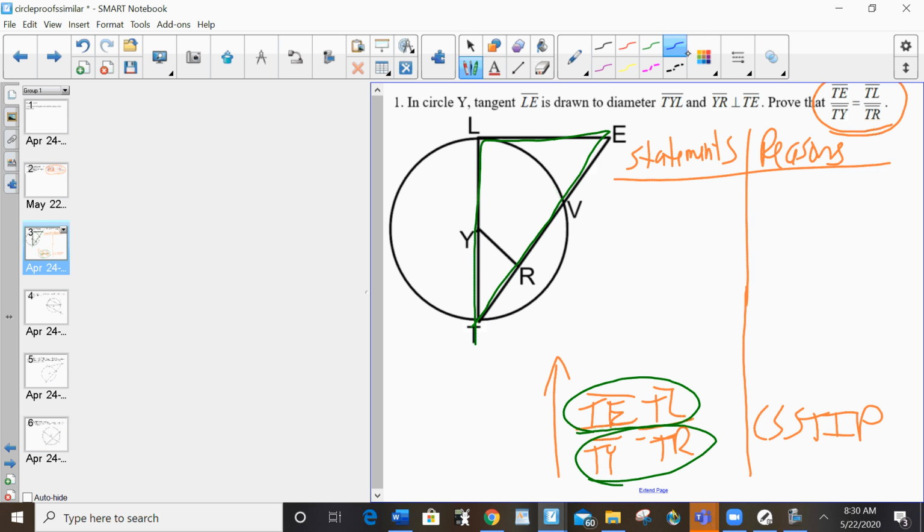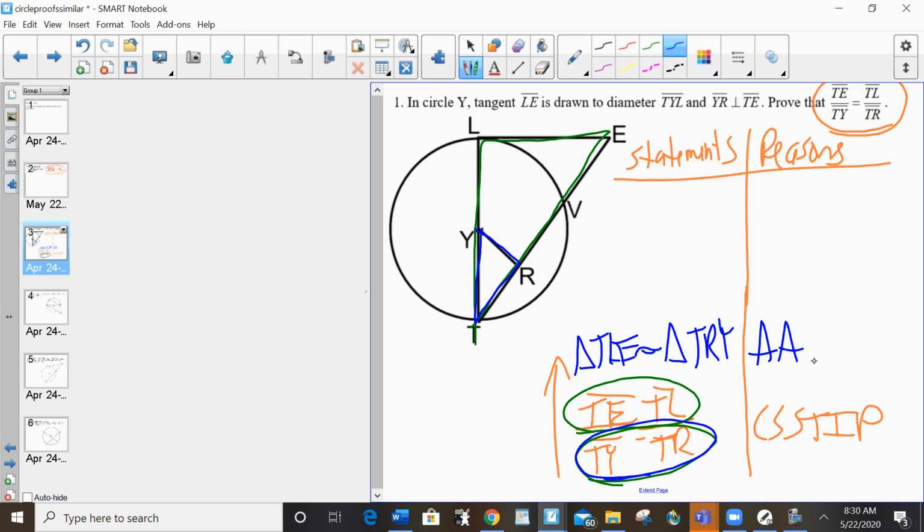Then the other one, TY, TR, TYR. That's your triangle. So it's going to be triangle TLE is similar to triangle TRY, and the reason for similar is always AA.